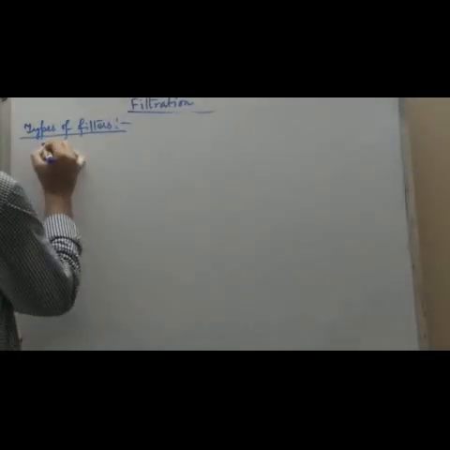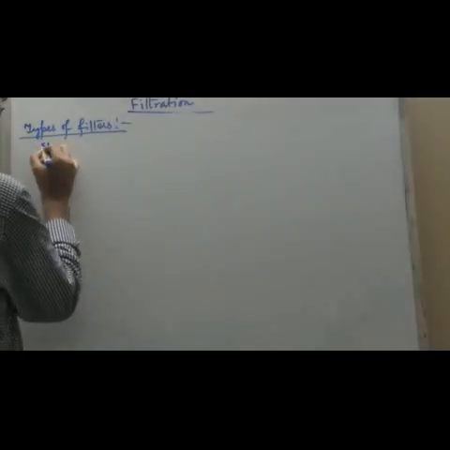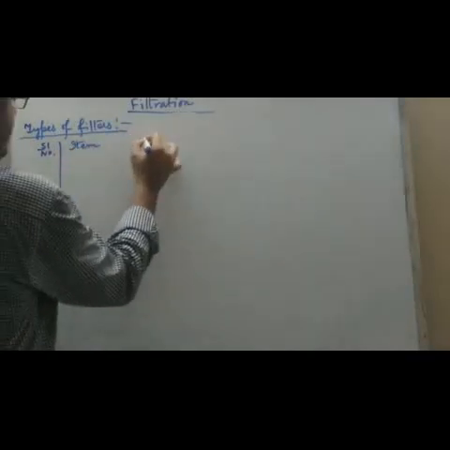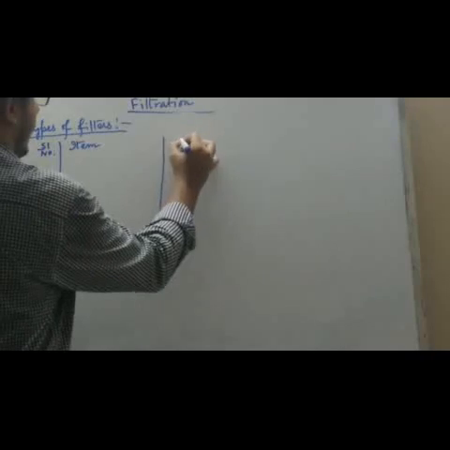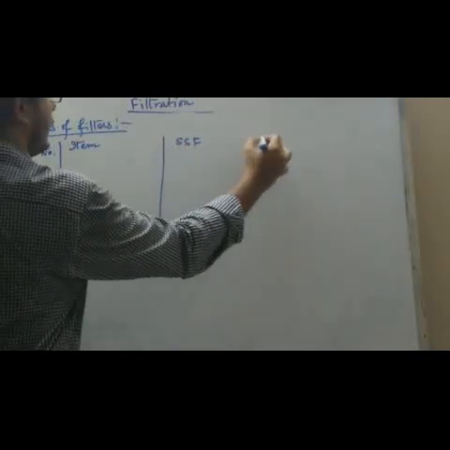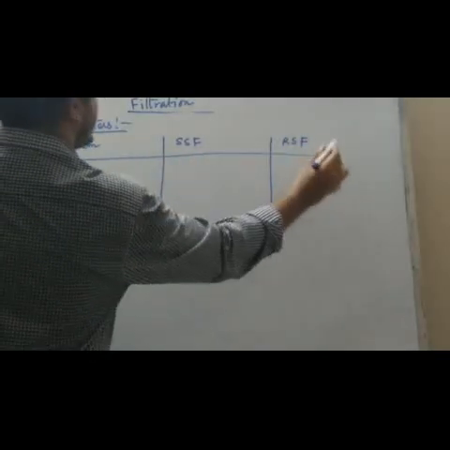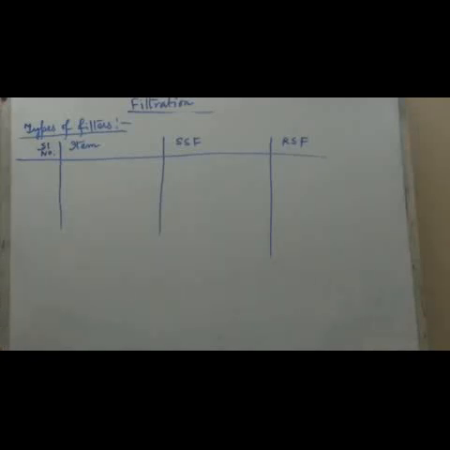Now we will discuss these two types by a table: serial number, item, slow sand filter, and rapid sand filter. By this table we can easily discuss the different types of filters.